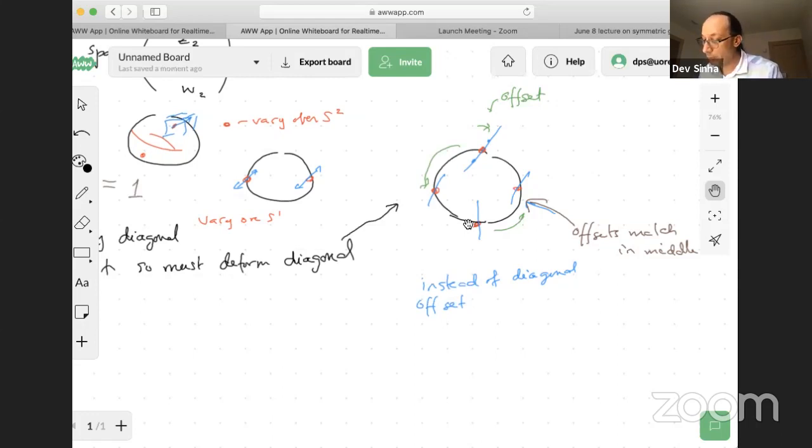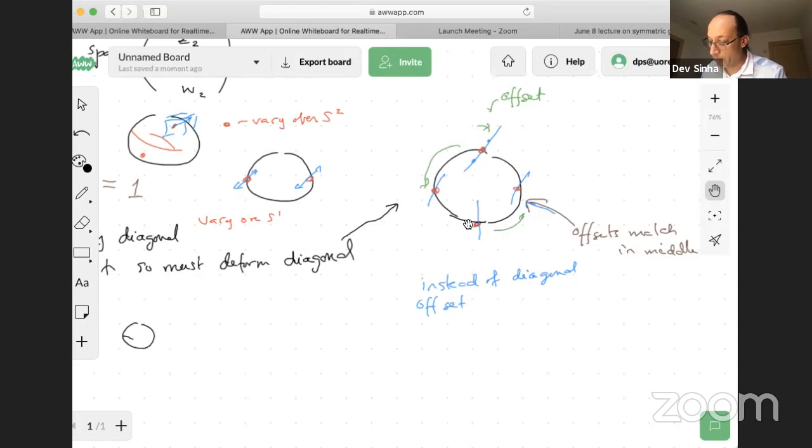And finally, this is a really fun one because now we just have 2 copies of RP2.